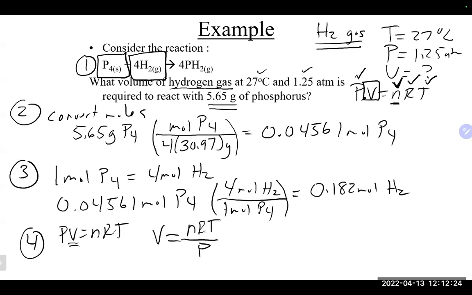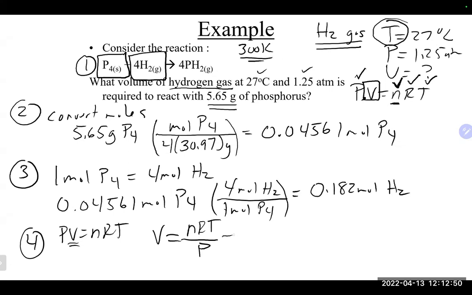We do need to still check some units here and the pressure is in atmospheres, so that's good. Obviously our moles are in moles, so that's good. But much like usual, we do need to do that conversion for our temperature and take it to Kelvin. So we're going to do 273 plus 27, going to give us 300 Kelvin on that conversion.